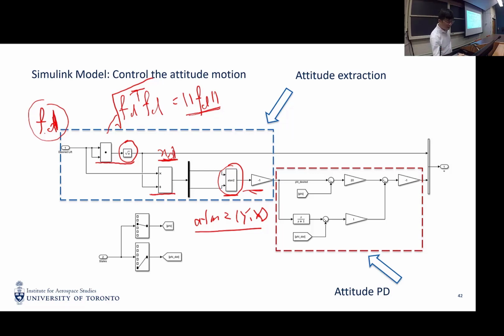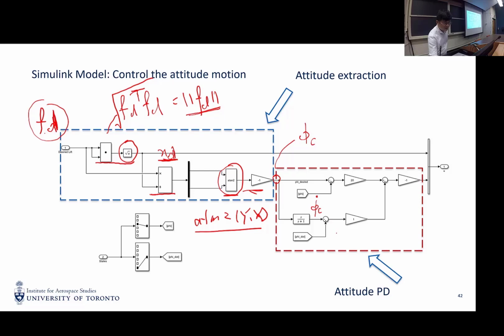So here, after this module, we get the phi command as we described in the previous slide. So this is our desired roll angle. And then we use a high pass filter to get a filtered result of our commanded phi angle.